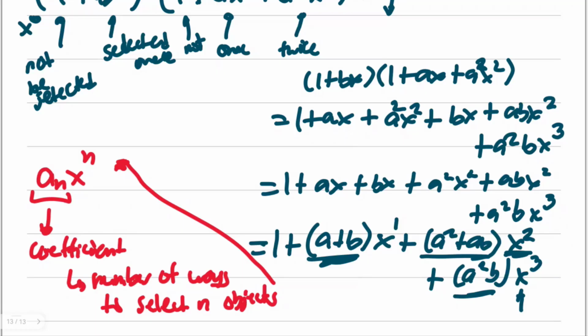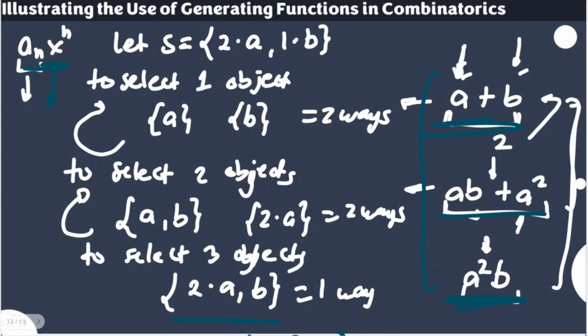So generally, for these two succeeding videos, we're able to establish the idea that regardless of whether the set is multi-set or not, the coefficient will always tell us the number of ways of selecting n number of objects. Let us have an illustration clearly of examples for this later in the next few videos.